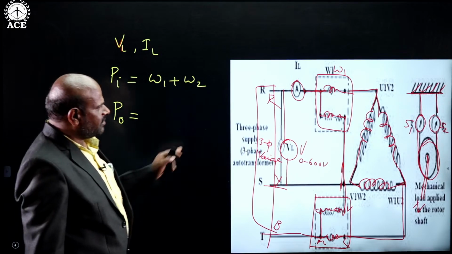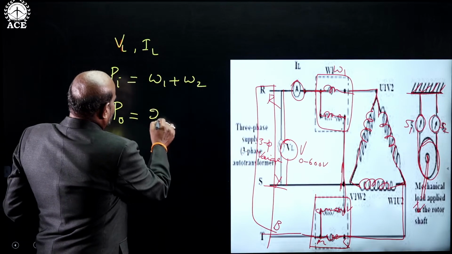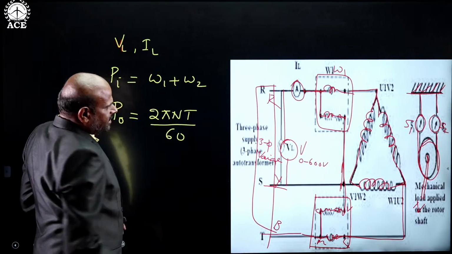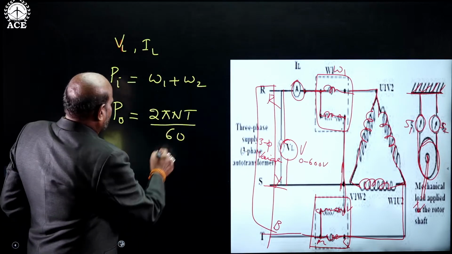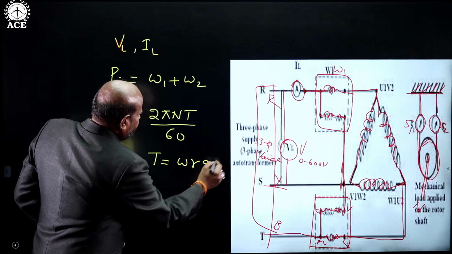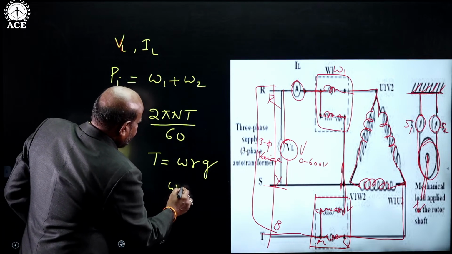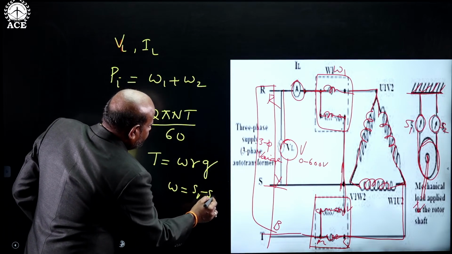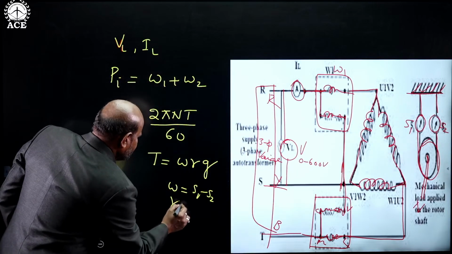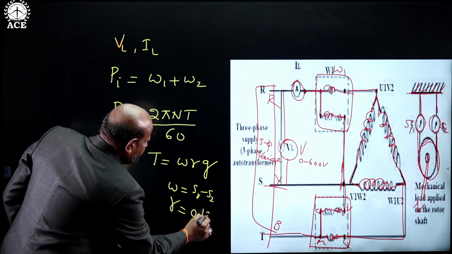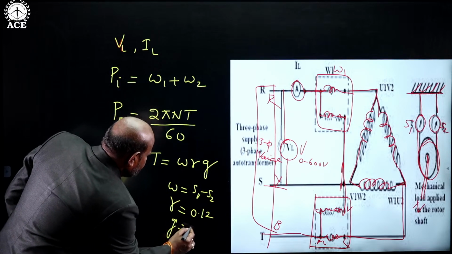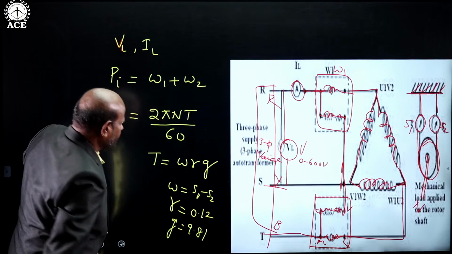We are loading the machine, so output is 2 pi NT by 60, where N is the speed of the rotor and torque T is W R G, where W is the difference of S1 and S2, and R is the radius of the pulley, generally taken as 0.12 in the laboratory, and G is 9.81.